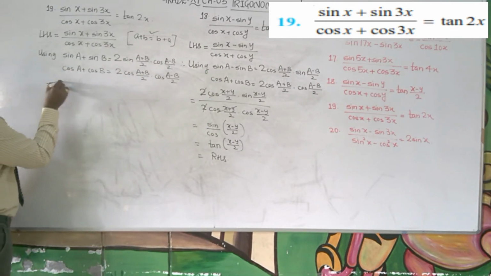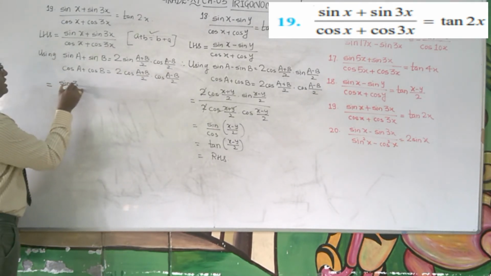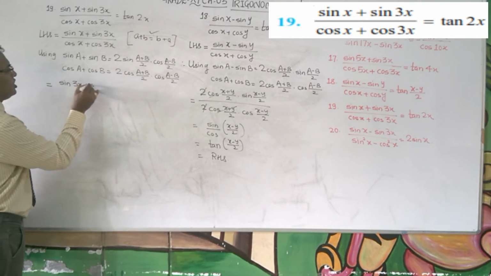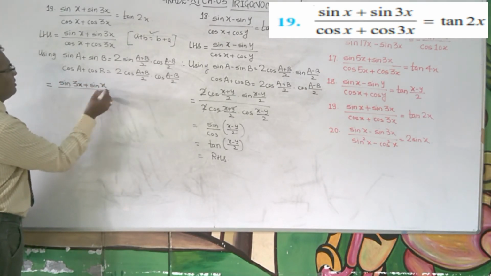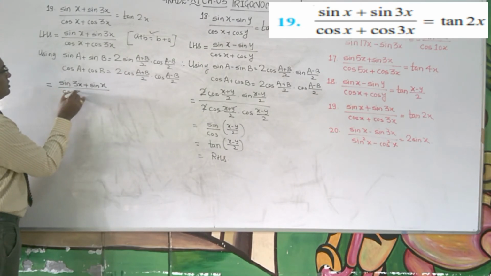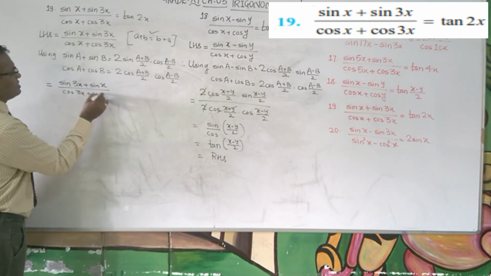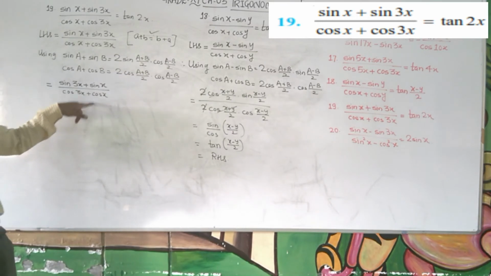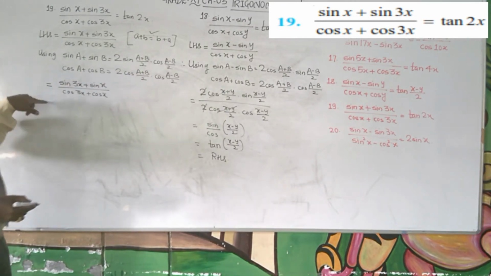Therefore LHS will become (sin 3x plus sin x) upon (cos 3x plus cos x), and now we will be applying these formulas in this sum.